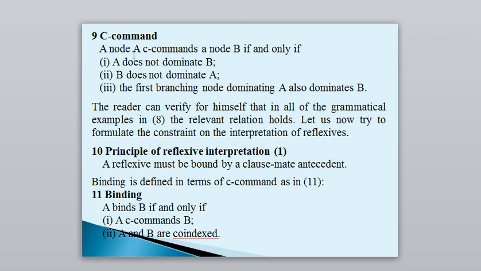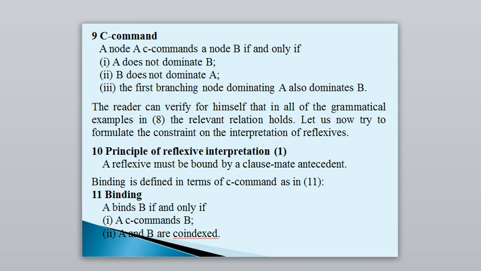A node A C-commands a node B if and only if A does not dominate B, B does not dominate A, and the first branching node dominating A also dominates B. This is the C-command condition, which I talked about before. The reader can verify for himself that in all of the grammatical examples in 8, in these three diagrams, the relevant relation holds.